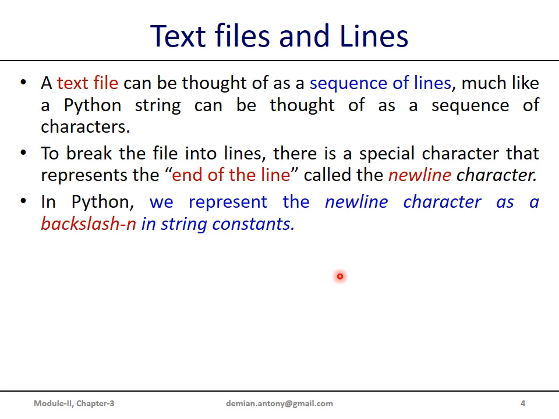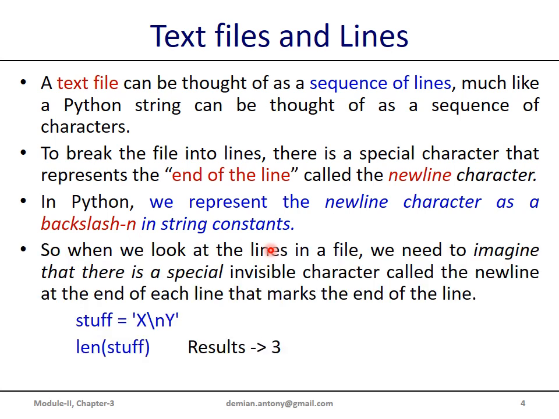In order to break these file contents into lines, there is a special character called end of the line or new line that is being used to define a line. In Python, we use a new line character as a \n, which is a string constant.